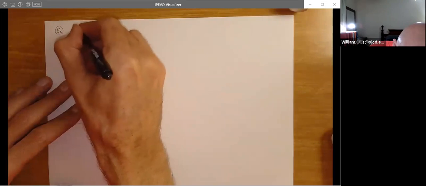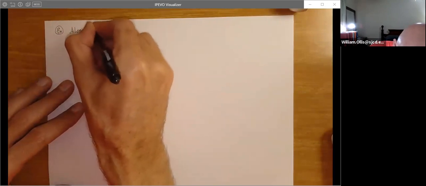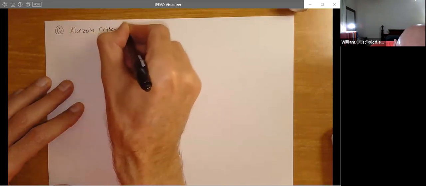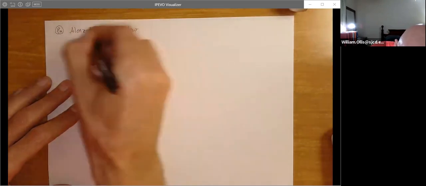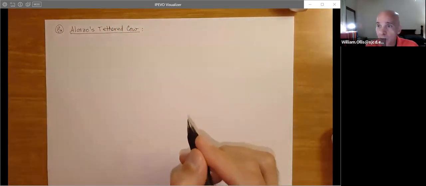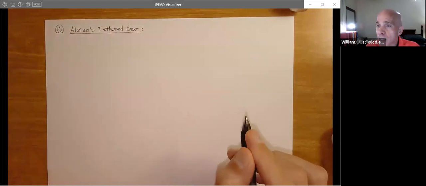This is entitled Alonzo's Tethered Cow. And I told my student, that's the name of a new steakhouse. I said, you need to invest in a new steakhouse.